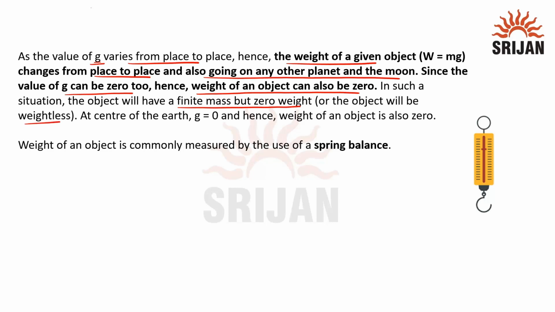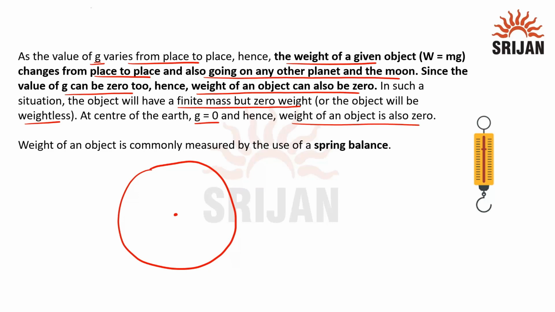At the center of the Earth, the acceleration due to gravity is 0, and hence the weight of an object is also 0. Now let me explain why at the center of the Earth, the acceleration due to gravity is 0. Let us suppose this is the Earth, and an object is kept at the center of the Earth.